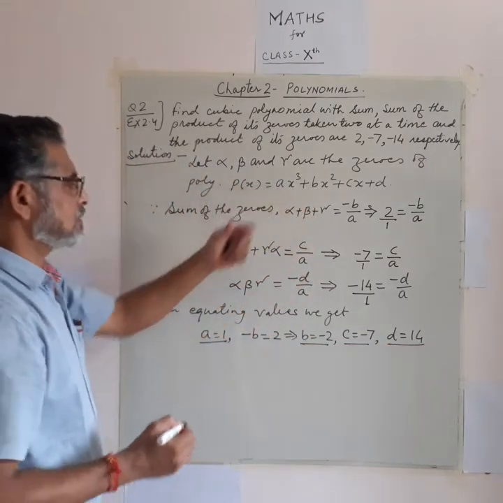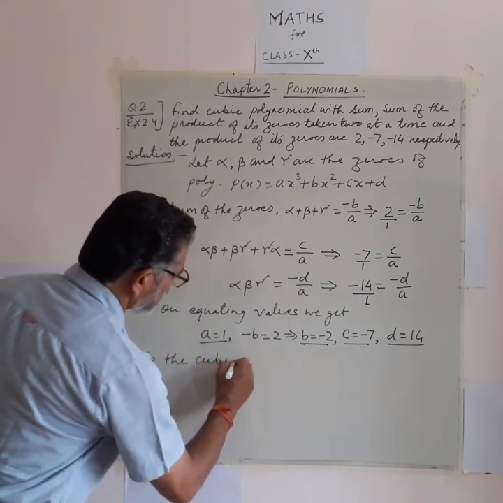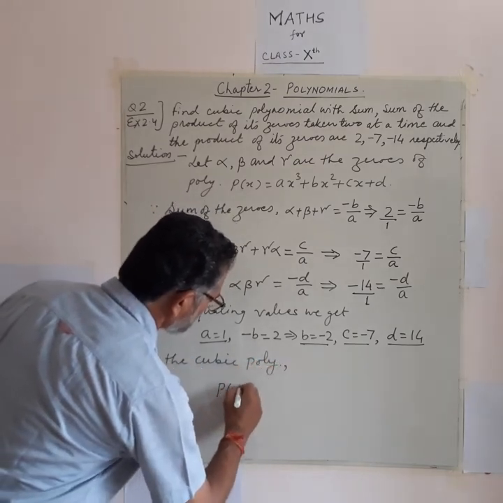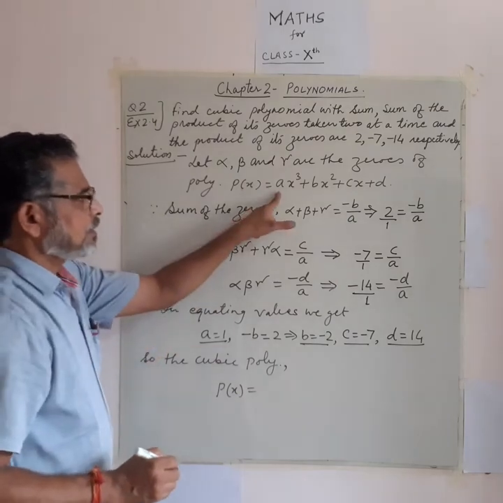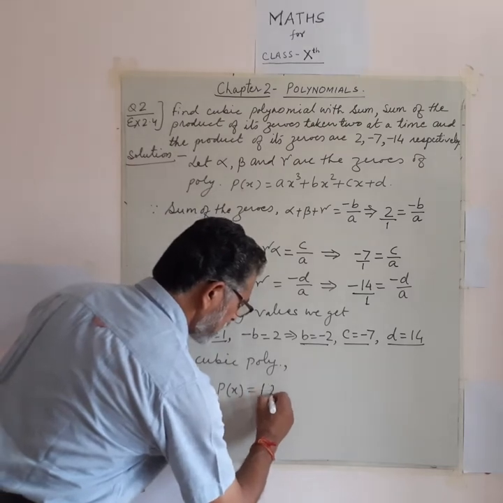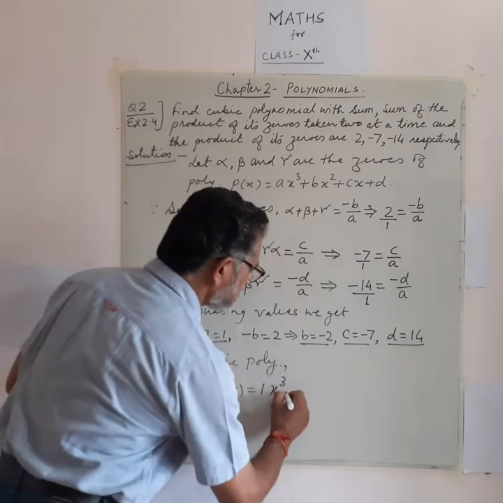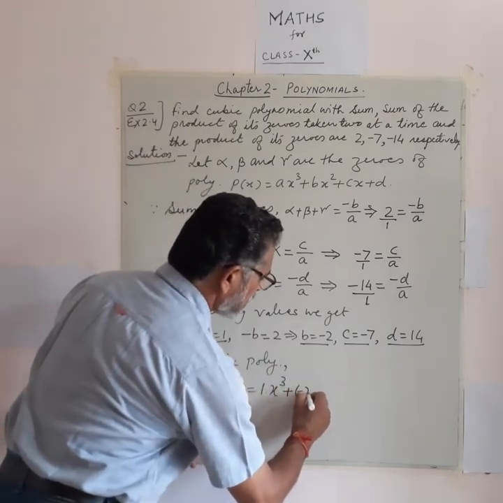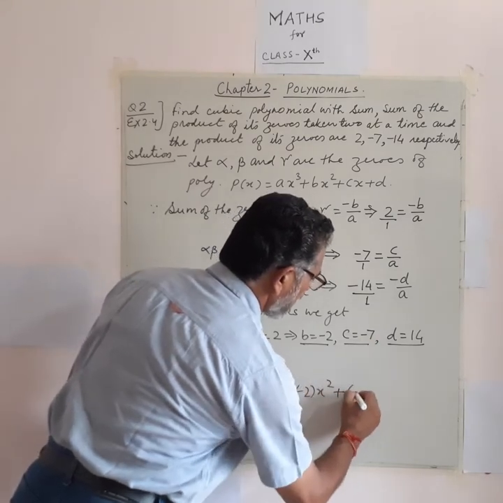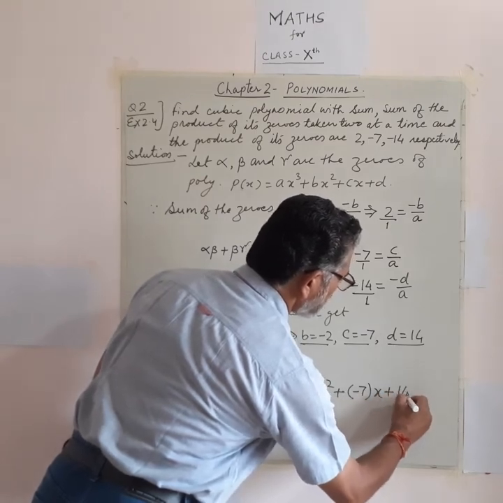Now we write the cubic polynomial p(x). Put the values of a, b, c and d. a is 1, means 1 into x cube, plus b is minus 2, minus 2 into x square, plus c is minus 7 into x, plus d is 14.